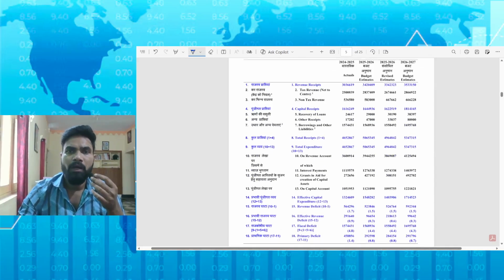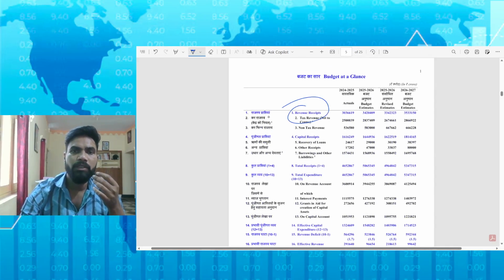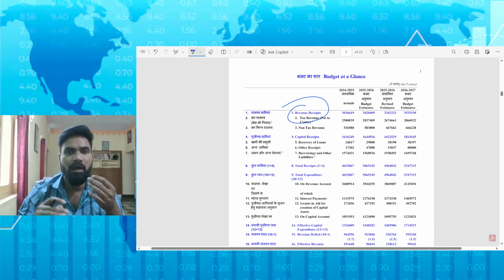If you see the total revenue receipts of the government, revenue receipts are non-asset creating or day-to-day receipts. You can think like that. The 2024-25 actuals stand at 30 lakh 30,000 crore rupees, roughly 30 lakh crore rupees. Revised estimates of 25-26 are 33 lakh crore.